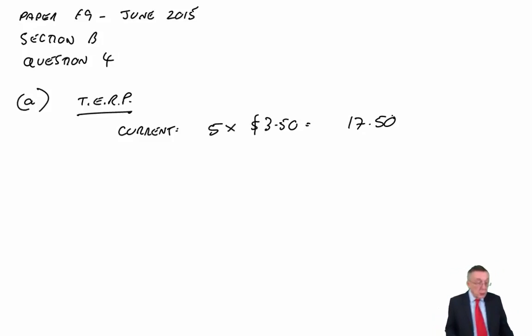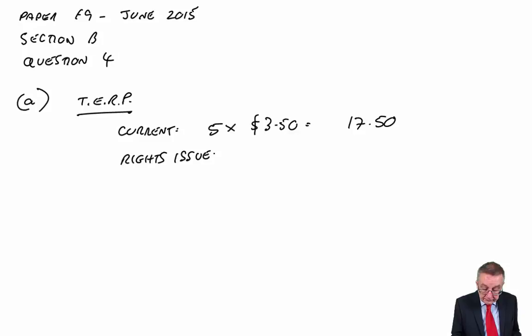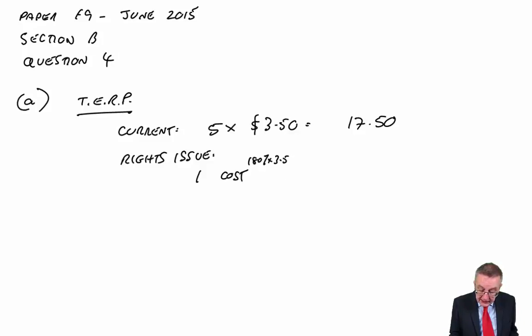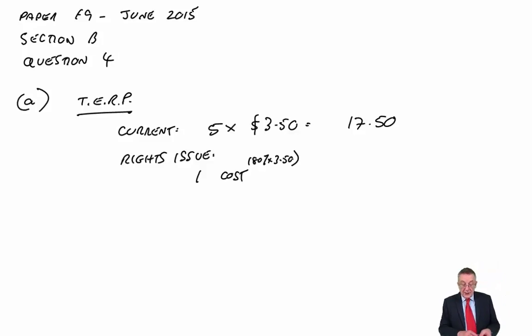The rights issue is 1-for-5, so they're entitled to buy 1 new share. The cost of that new share, well, it's at a 20% discount to the $3.50. So 80% of $3.50 is what? $2.80.